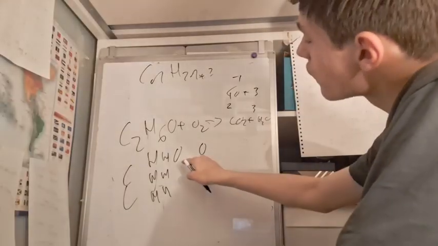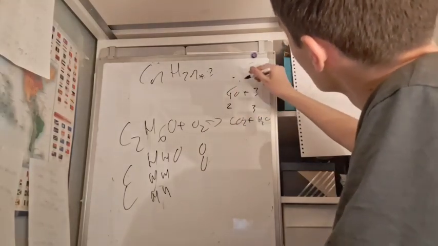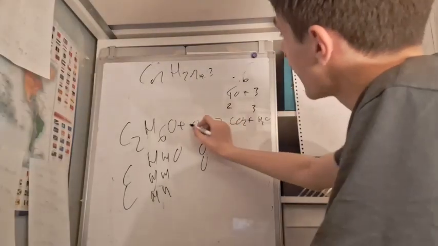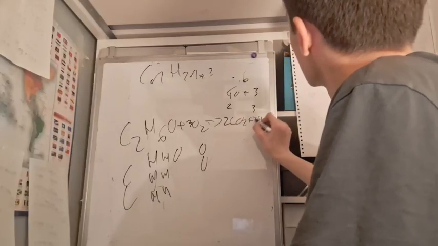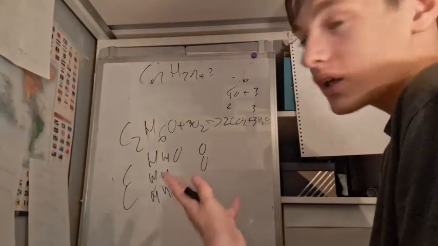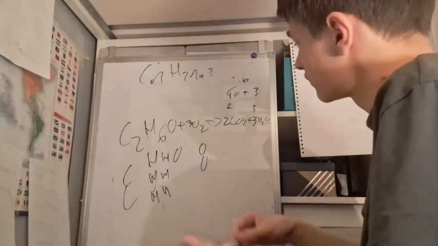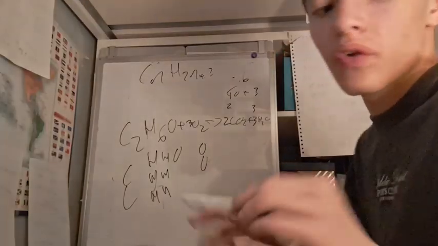And since there is an O over here, we can take one of those away. So it's 6. Can we divide 6 by 2? Yes, we can. 3. Which means this is 2 and this is 3. We get complete combustion of ethanol: 3 oxygens, 2 carbon dioxide, and 3 water vapors.